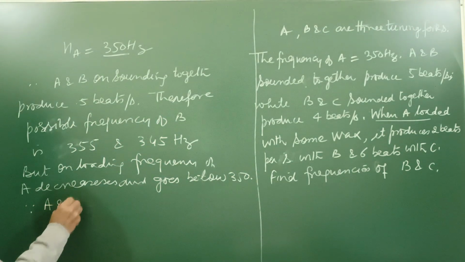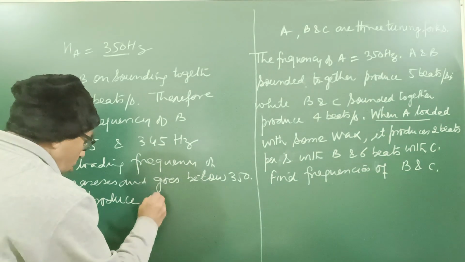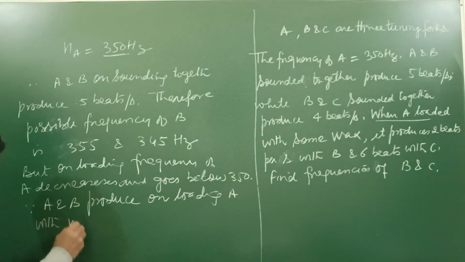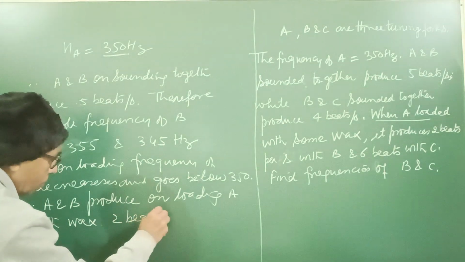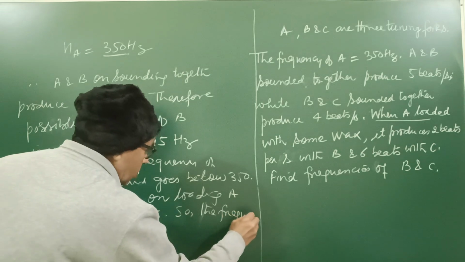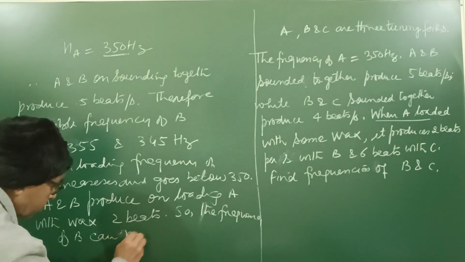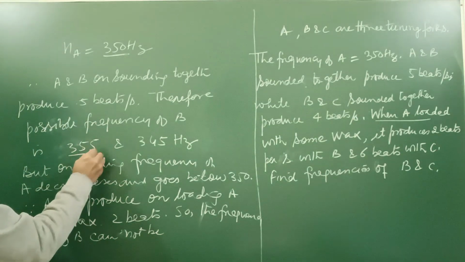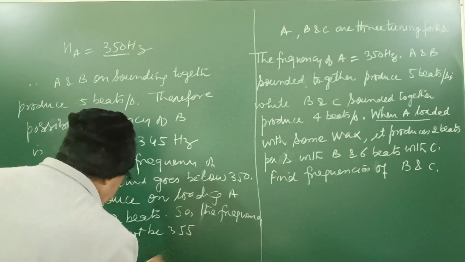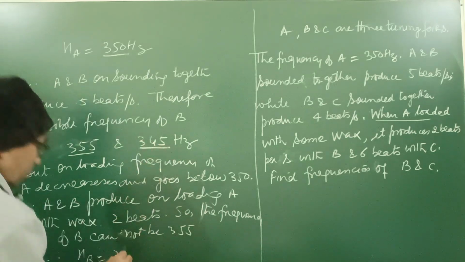Since A and B produce 2 beats on loading A with wax, the frequency of B cannot be 355, because if it were 355 and A's frequency decreases, the difference would increase. So it cannot be 355, and therefore nB is equal to 345 Hertz.